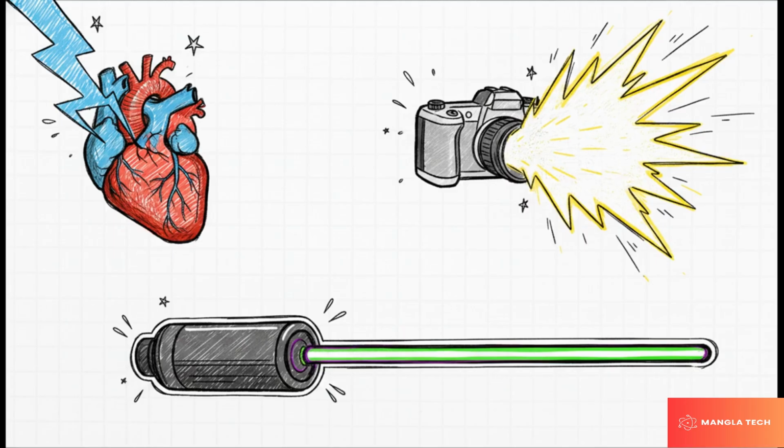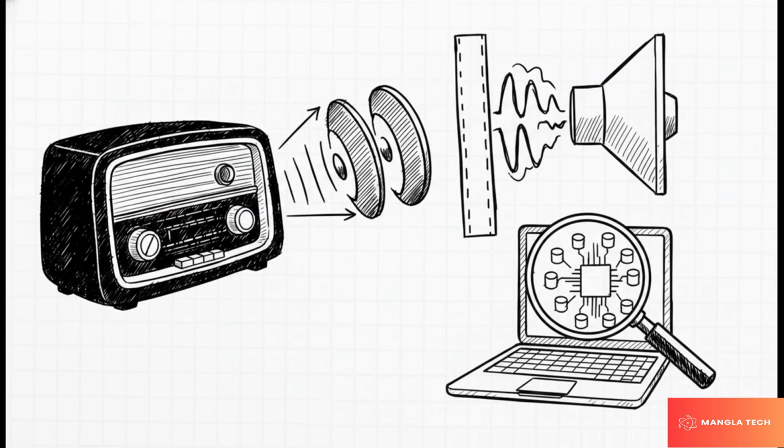Camera flashes use them to deliver blinding bursts of light. And in high-end physics labs, literal banks of capacitors are used to power pulsed lasers, releasing actual gigawatts of power in a matter of nanoseconds. But it isn't always about raw power. Because capacitors block DC and pass AC, they act as the ultimate bouncers in signal processing.